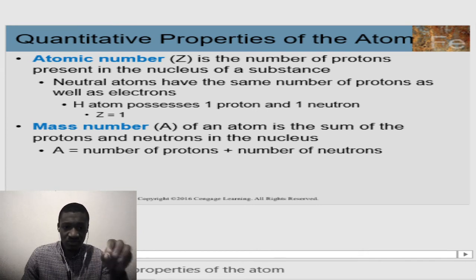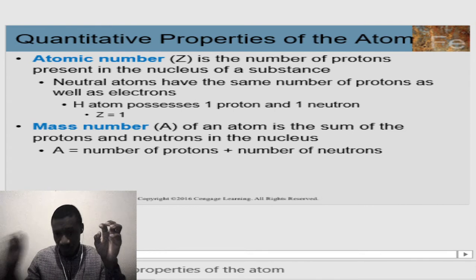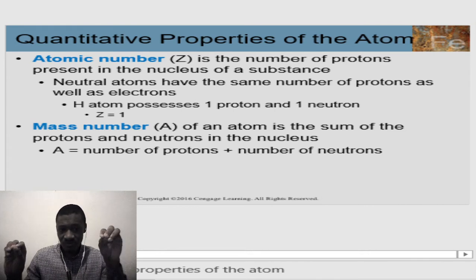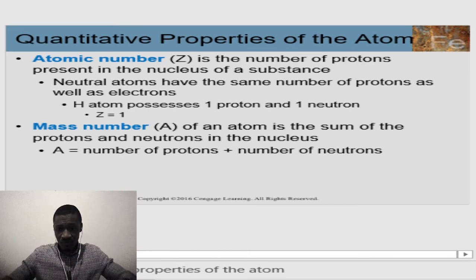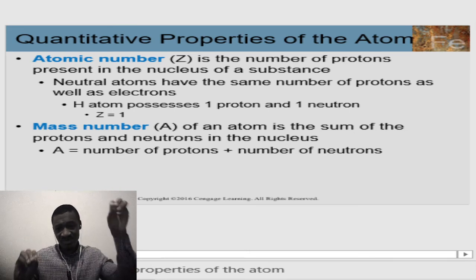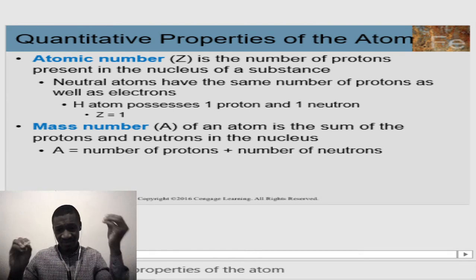So the mass number is denoted A. The mass number of an atom is the sum of the protons and the neutrons in the nucleus. So when you're trying to weigh something, you want to weigh the whole of it, because the electrons are moving around and they're very light.